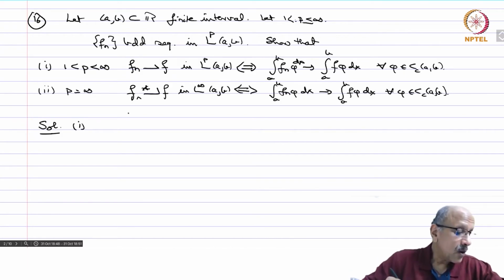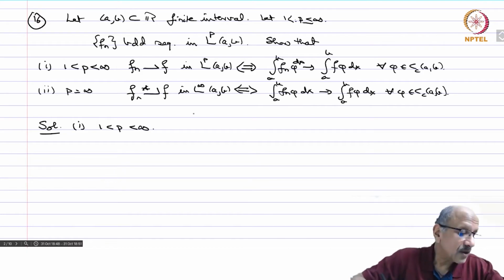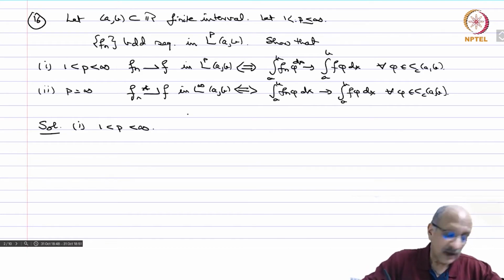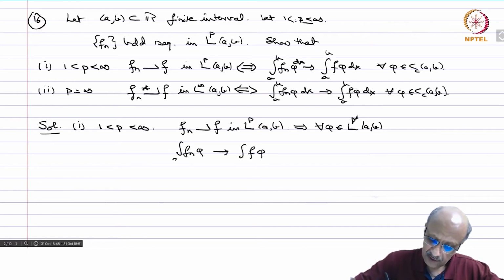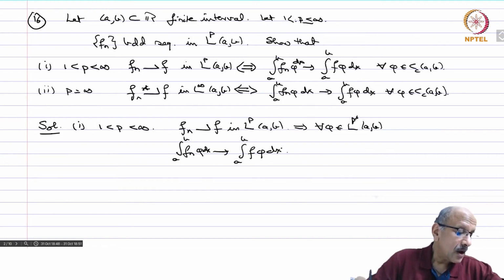So let's look at 1 less than p less than infinity. Let us assume that f_n converges weakly to f in Lp. So this implies for every phi in Lp star (a, b), you have the integral of f_n phi dx converges to the integral of f phi dx over (a, b).